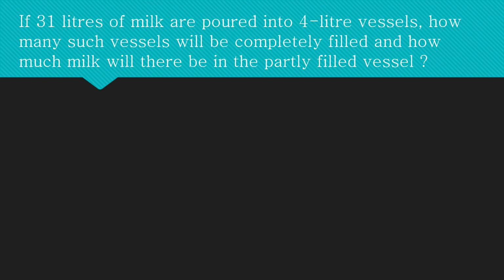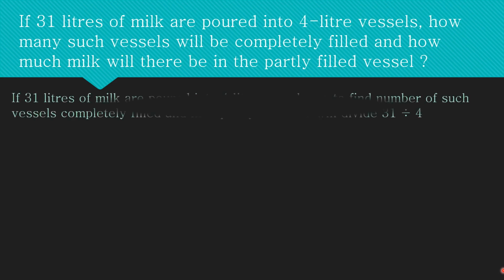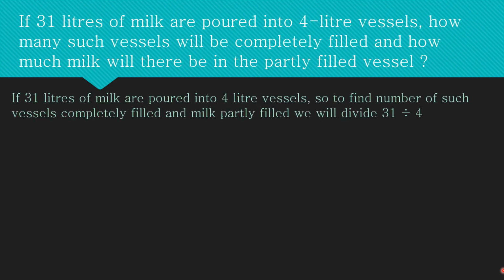So students, we will write the statement. If 31 liters of milk are poured into 4-liter vessels, so to find the number of such vessels completely filled and milk partly filled, we will divide 31 by 4. So we will write 31 below the slipping line and 4 in the curved line.